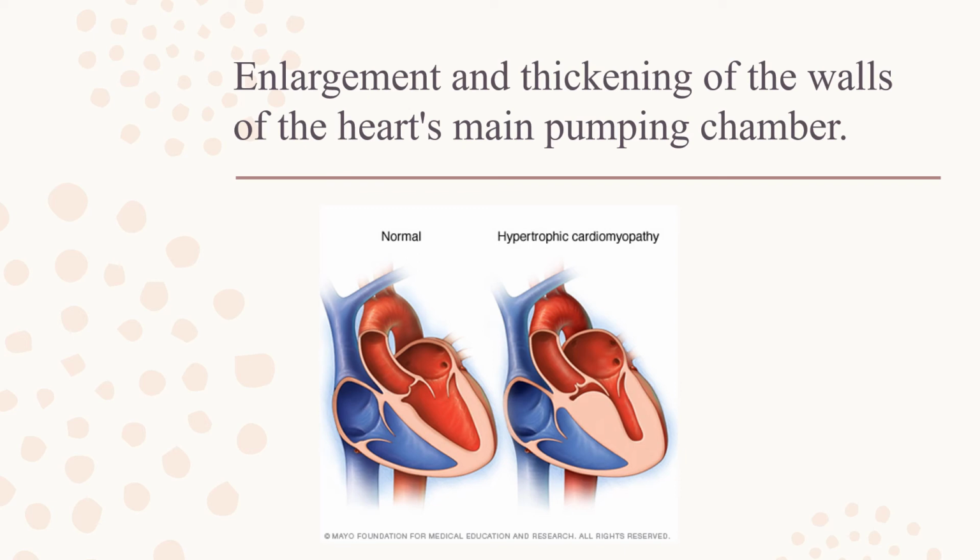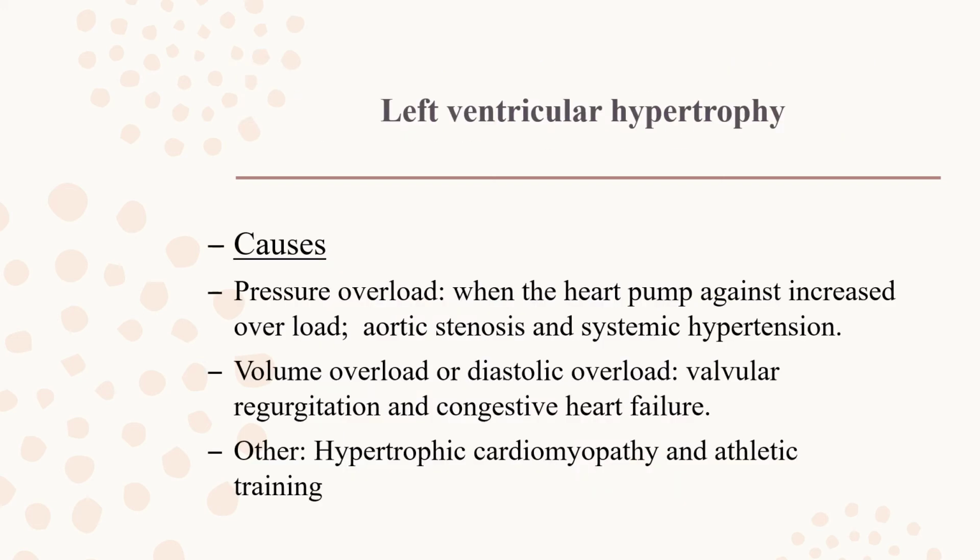And so here you can see hypertrophic cardiomyopathy, this really thick wall, again, a different picture. We already talked about the cause is most likely due to overload, could be aortic stenosis.